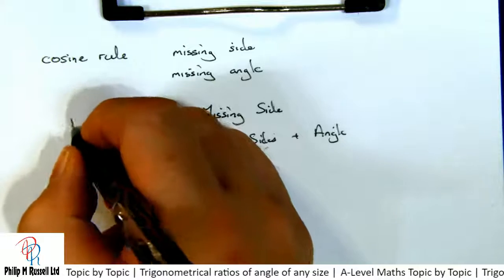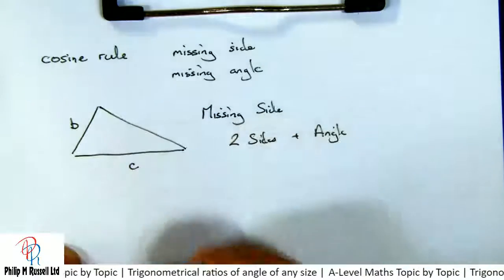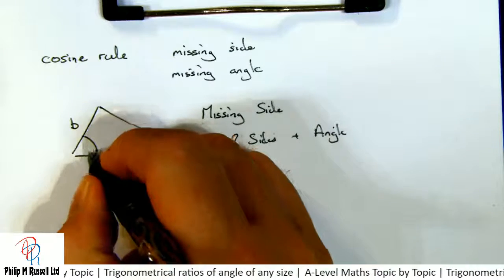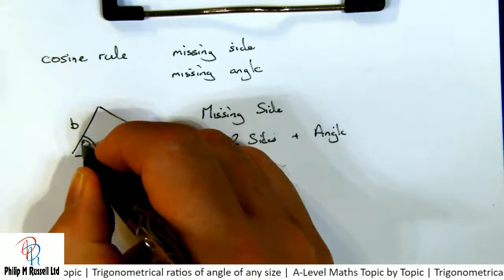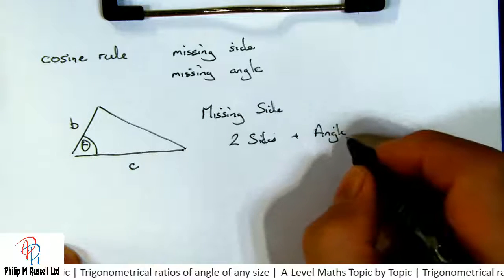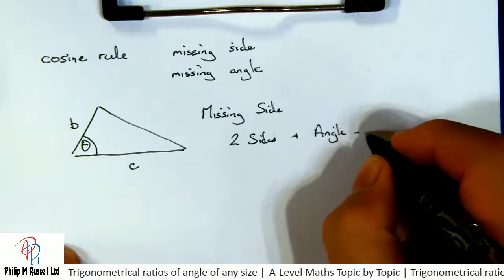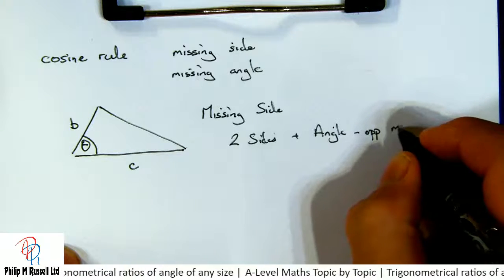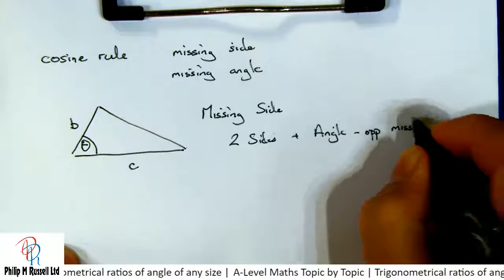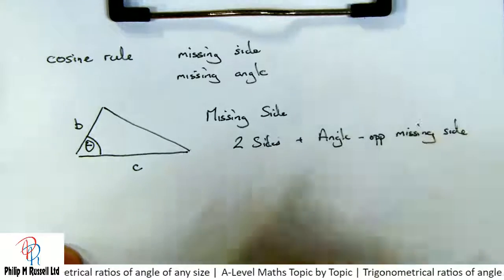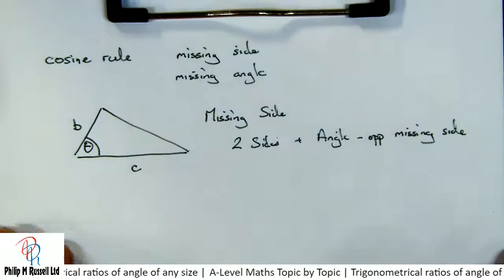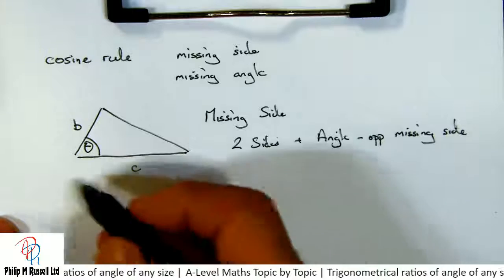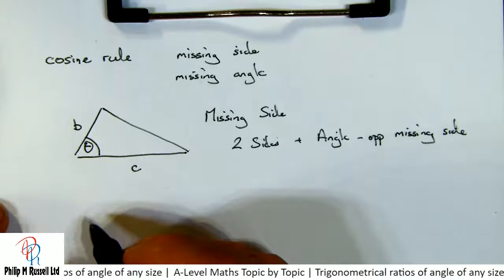Let's have B, we've got C, and we need this angle. This angle is basically opposite the missing side. And as long as it's like that, we can use this to work out what we're trying to find.